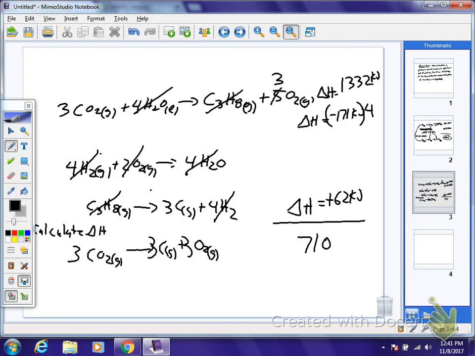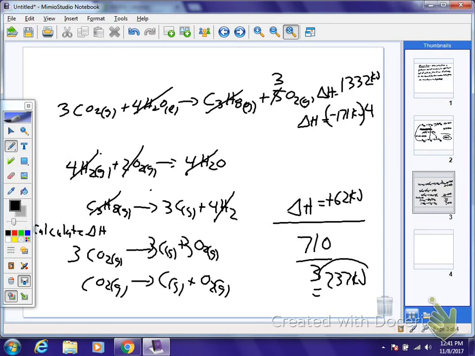So then I'm going to divide that by 3, and then that would give me CO2 gas, C solid plus O2 gas, and whatever that comes up to be. 236.6. So 237. 237 kilojoules would be my answer for this reaction that I wanted.